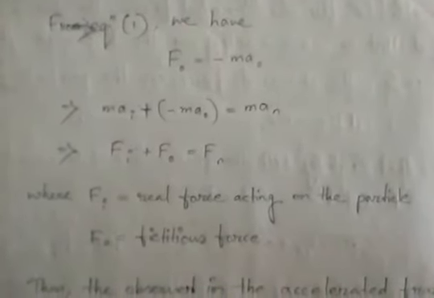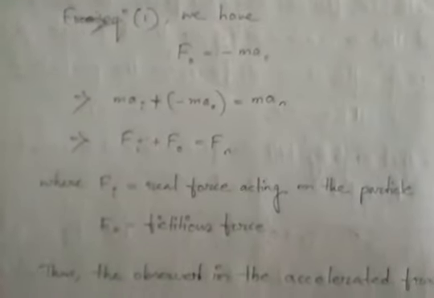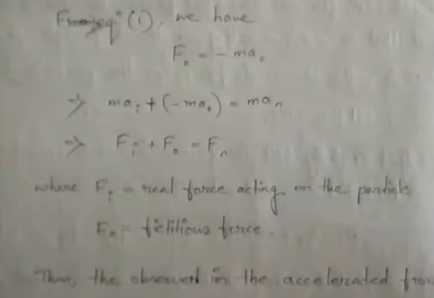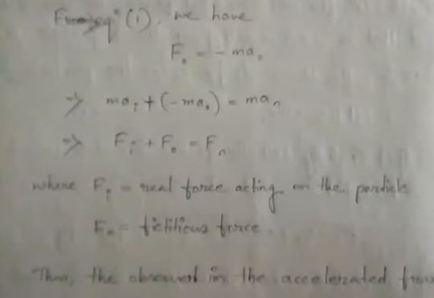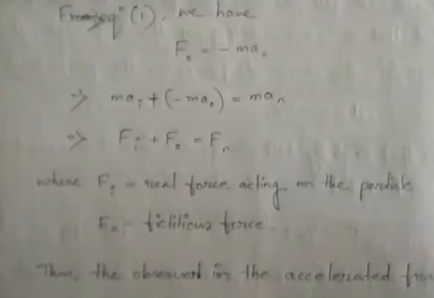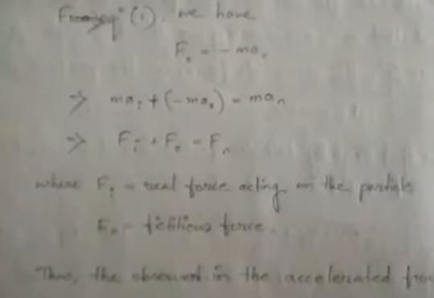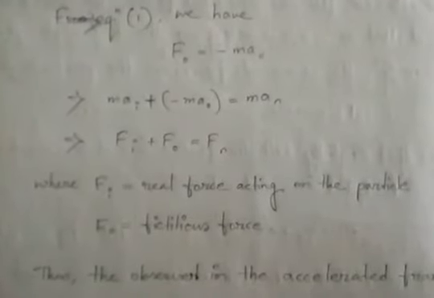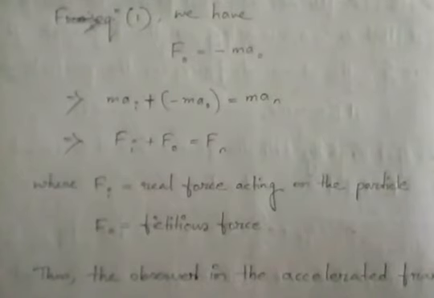From equation 1, we have F naught equals minus m a naught. So m ai plus, within bracket, minus m a naught equals m an. So instead of m ai we can write Fi.